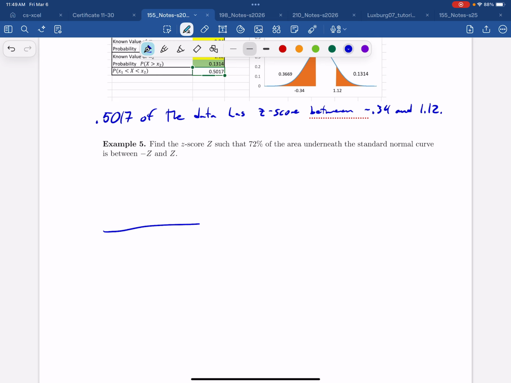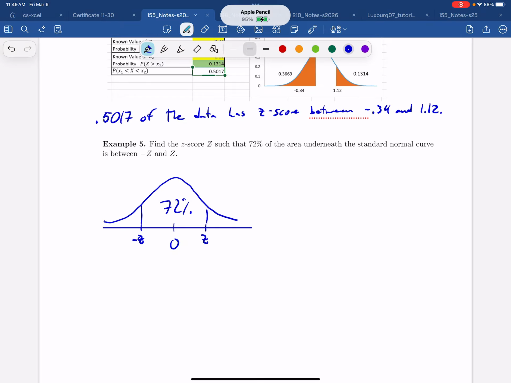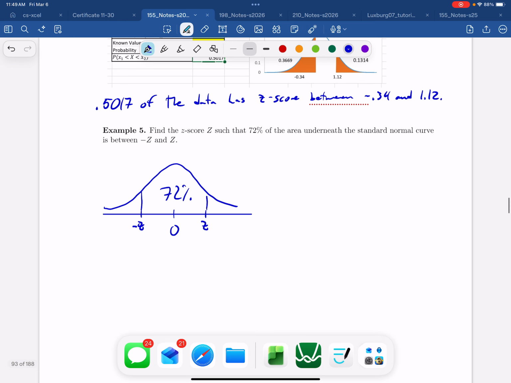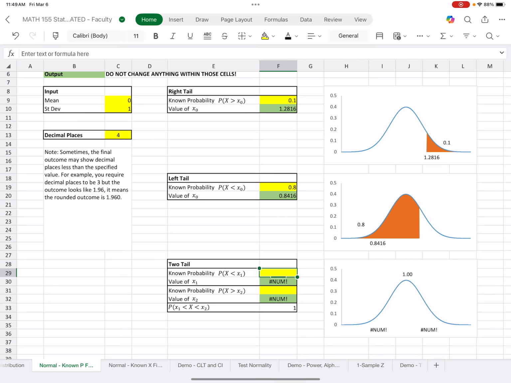And let's just draw a picture first, right? Well, a little bit of a better curve than that. We would need something like this. We want negative z to z, right? And of course, this is 0 right here, where this region right here is 72%. Okay? So let's see how that corresponds to the Excel file. The probability that x is less than x1 or greater than x2.